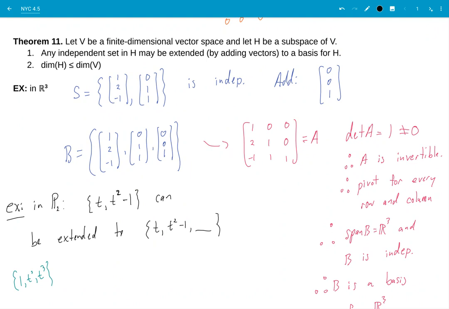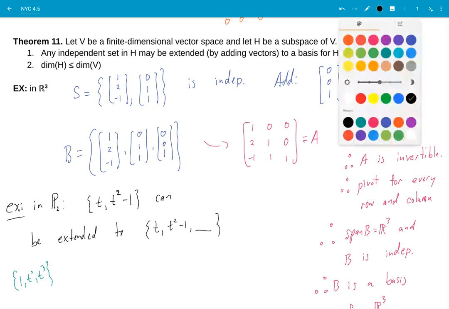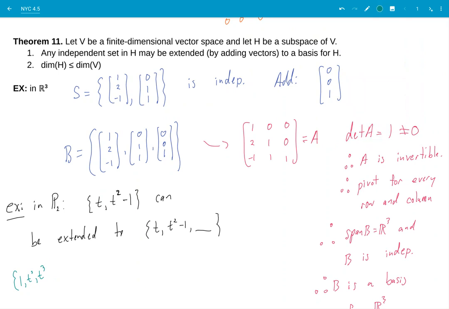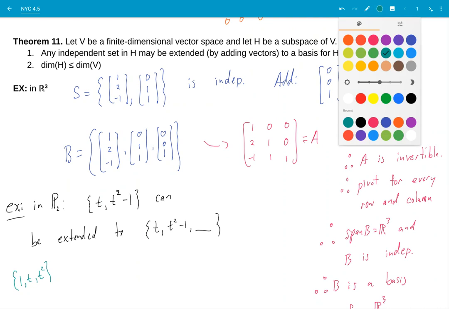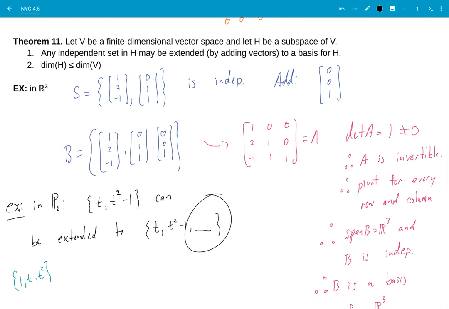Oops, I've got a major bobo here. T squared. Okay, what was I talking about? When I add this vector here, what do I want? I want every one of these vectors to be in the span of these guys here. So if I choose 1 or t squared, I will be in business, right?